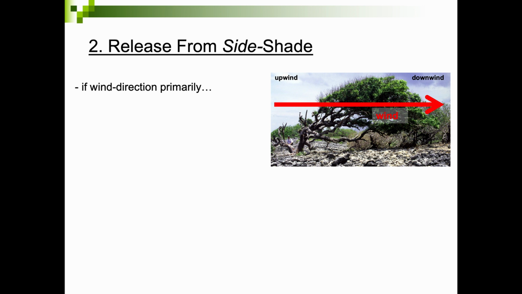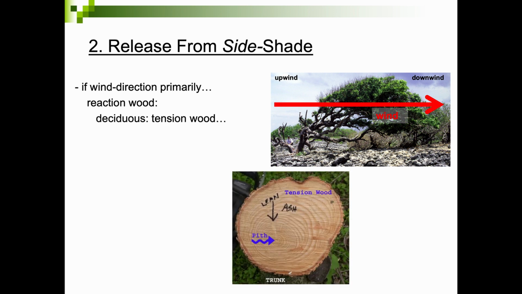Now, if wind is coming from one direction, we can see the different reaction wood when we look at these tree rings. So again, an ash tree is an angiosperm. It's a deciduous tree, not a conifer.